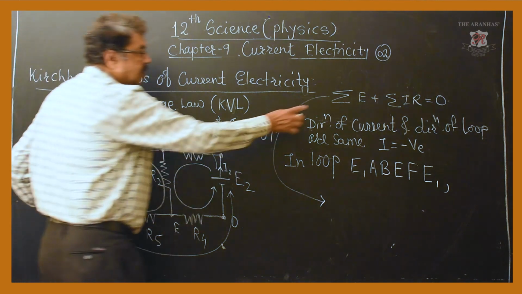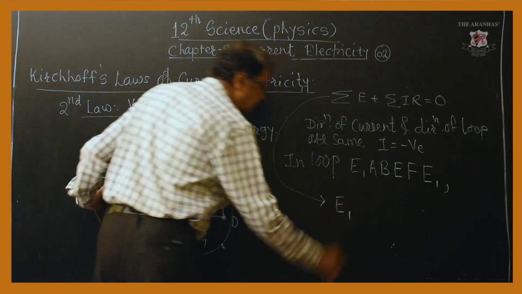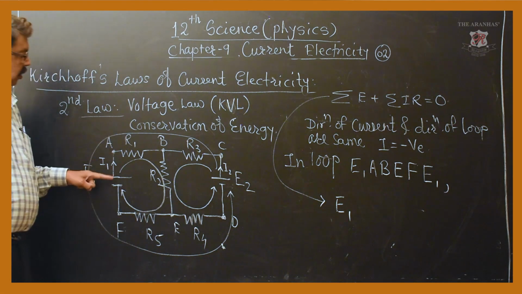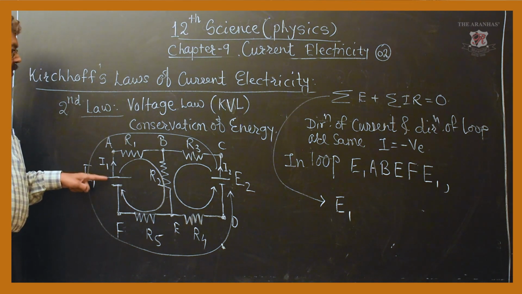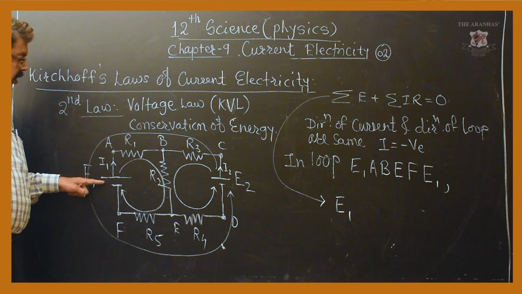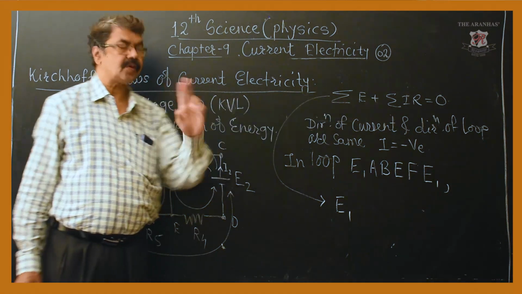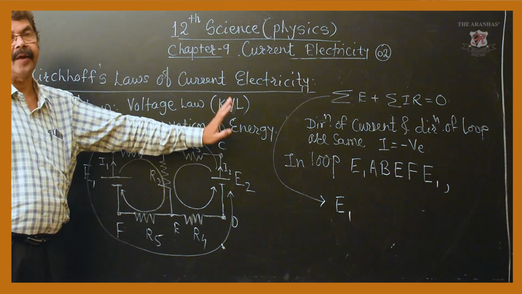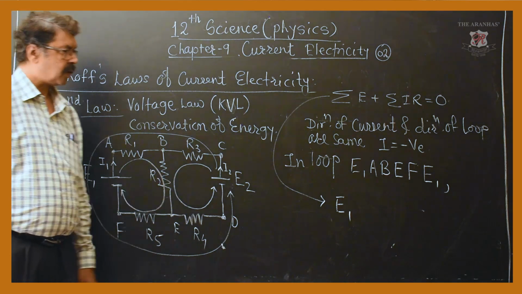Therefore, instead of summation E, I will write E1. Everyone try to follow this. I am starting from the positive terminal, therefore I am considering E1 as the sum of all the EMFs. There is no second cell in this loop; on the other side there might be another cell, but I am not concerned about that.